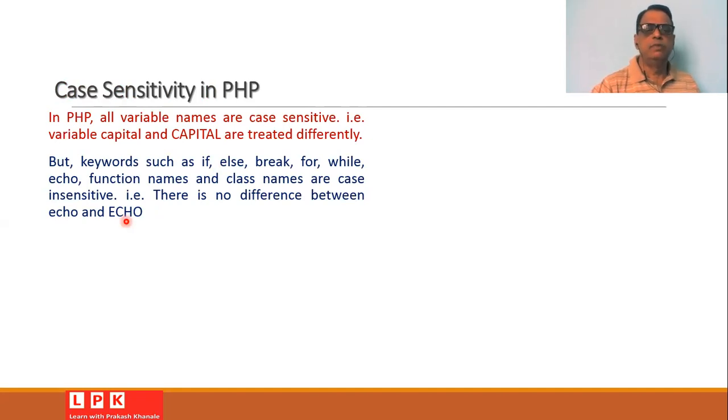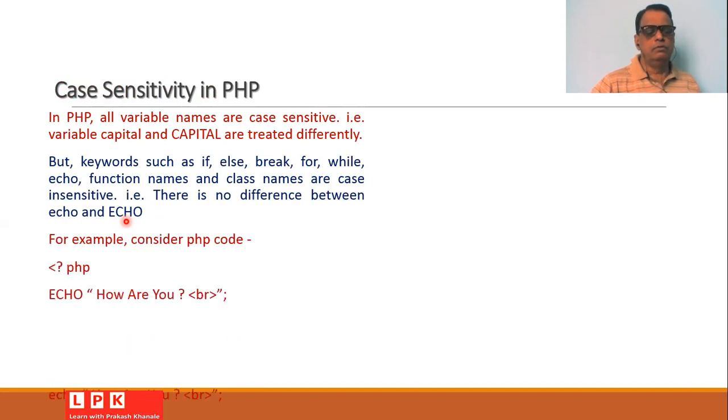There is no difference between small and capital letters as far as keywords, function names, or class names are concerned. This is a flexibility offered by PHP, which is otherwise not offered by other high-level programming languages.